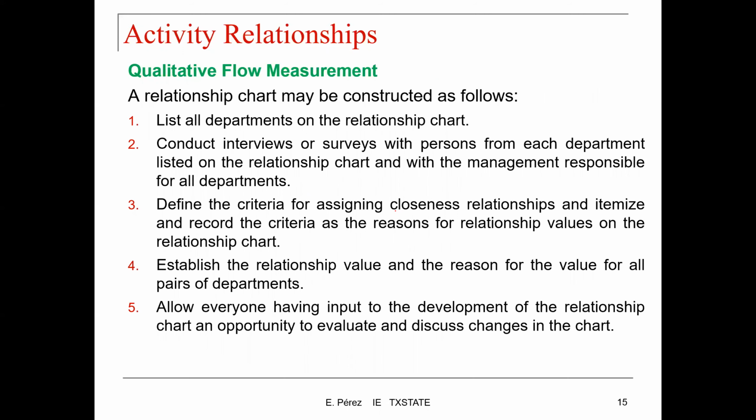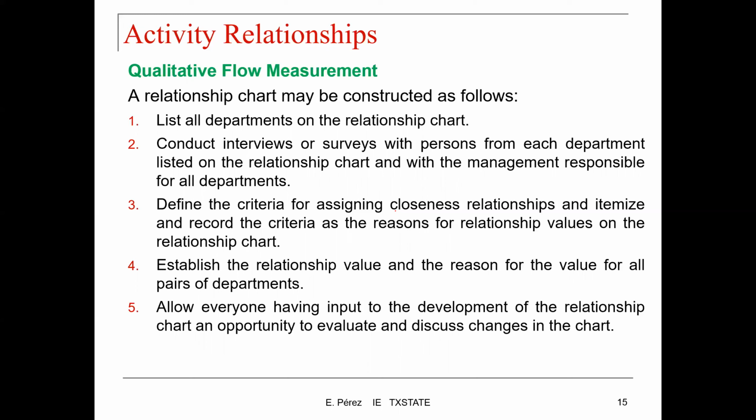A relationship chart may be constructed as follows. First, you list all the departments on the relationship chart. Second, you conduct interviews or surveys with persons from each department listed on the relationship chart and with the management responsible for all departments.